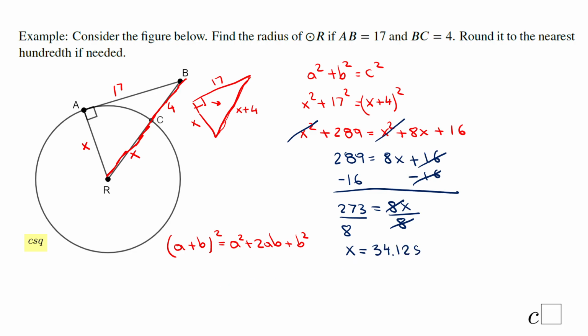However, read the problem. They ask you to round it to the nearest hundredth. So I'm going to round it to 34.13. And that X is nothing else than the radius. I'll call it r, or if you want to call it RA or RC, that will be fine. Either way, it's 34.13.